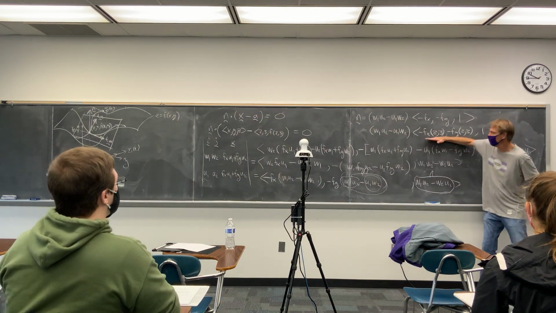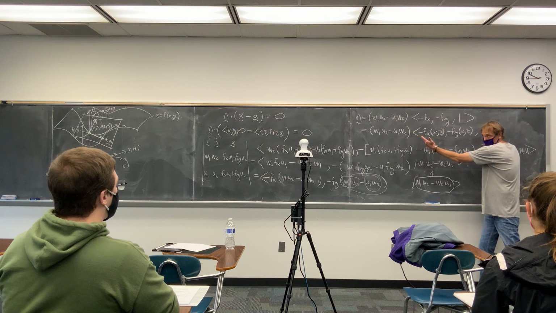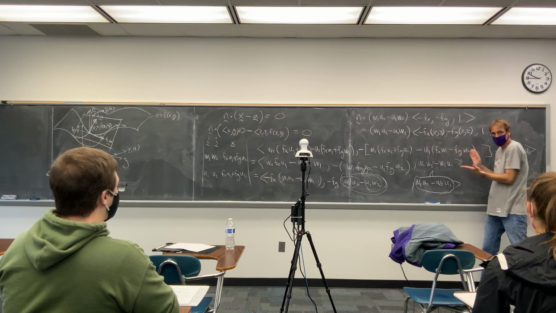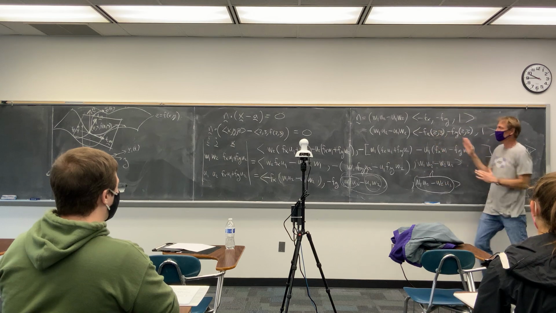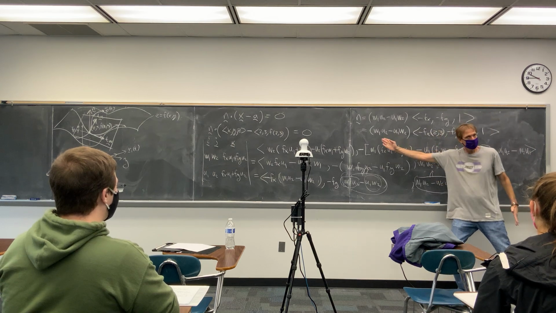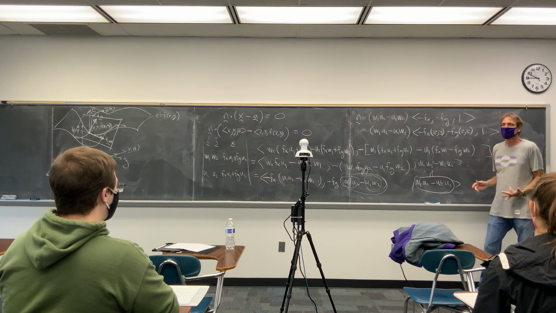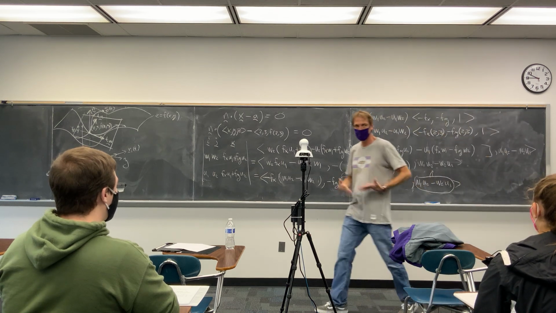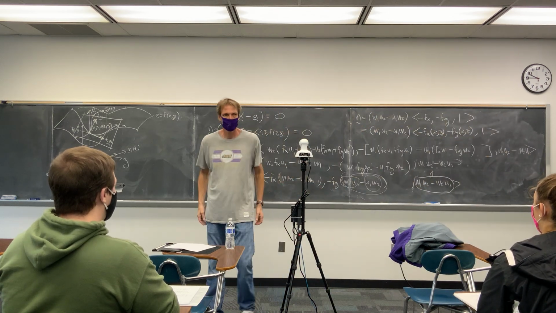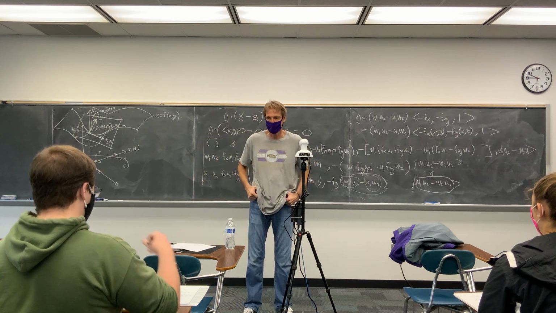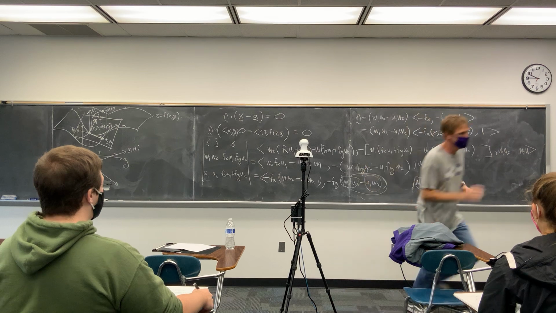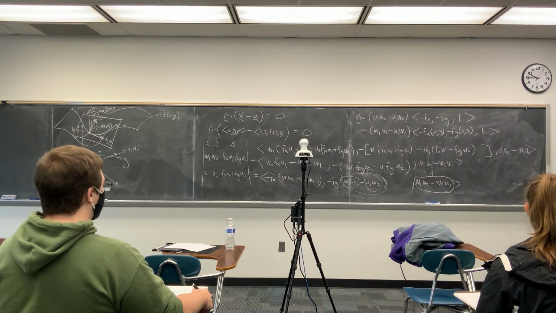Okay, now this is a vector. This is a scalar. This is a vector. This is a scalar. This is a scalar. This is a vector. Now what does a scalar do to a vector? It's all in the name. It scales it.